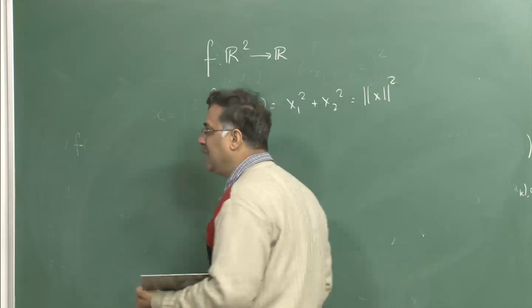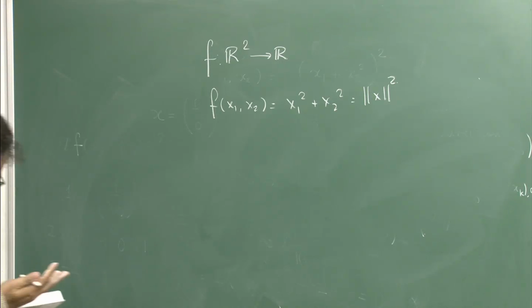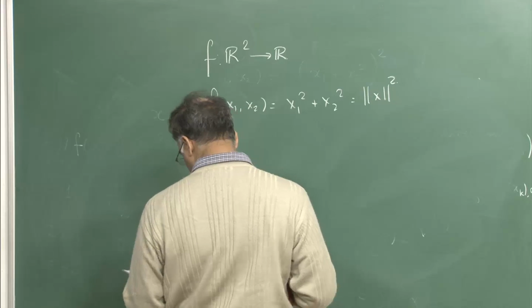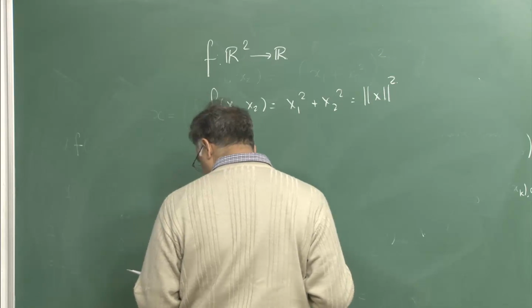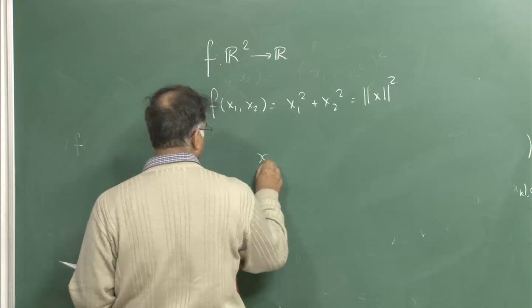Now let me write down an iterative algorithm to minimize it, that is, how I go from xk to xk plus 1.